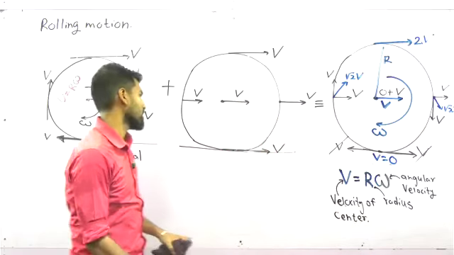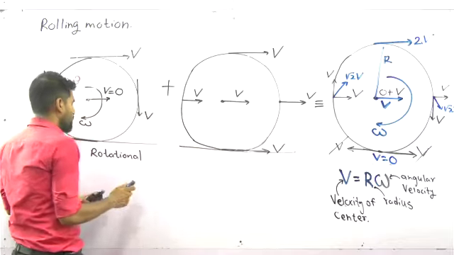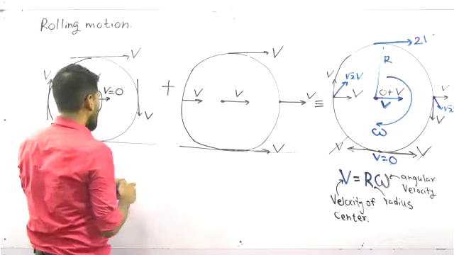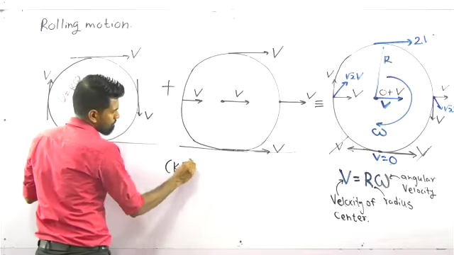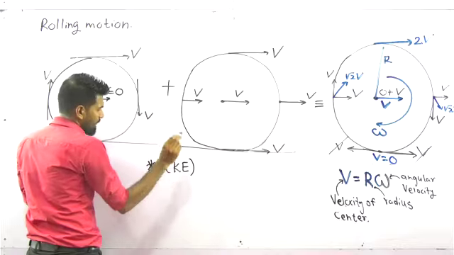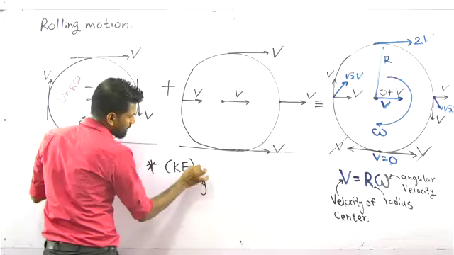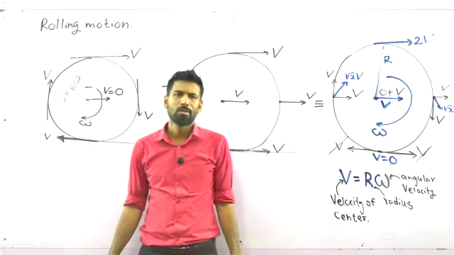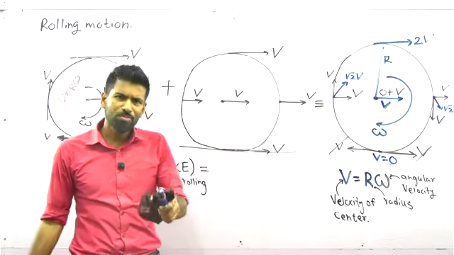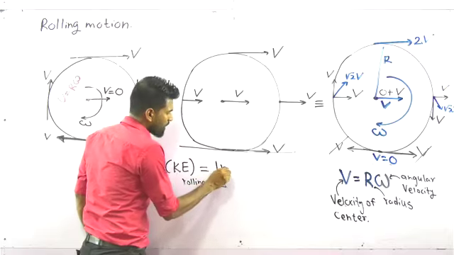And the next important point, how to write the kinetic energy of a rolling. With a star mark, note down how to write the kinetic energy of a rolling. You will need these things. Object is moving from one place to other: half mv square.